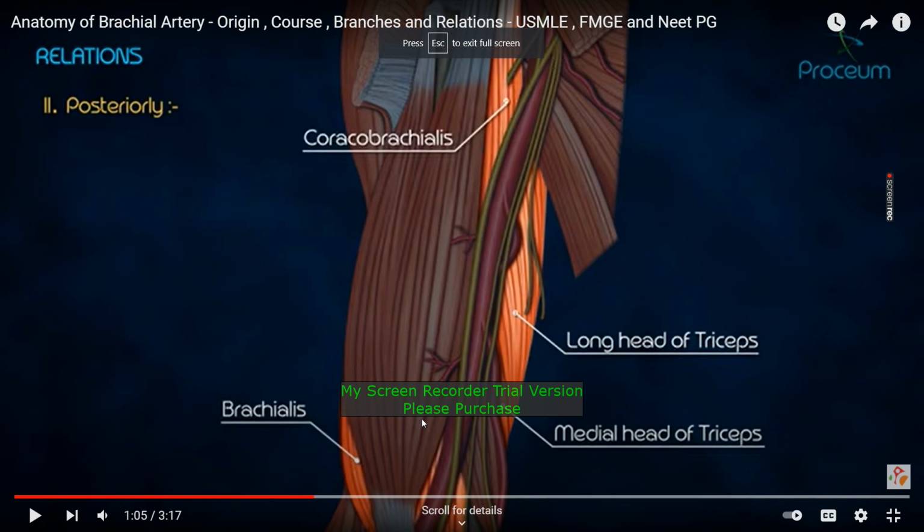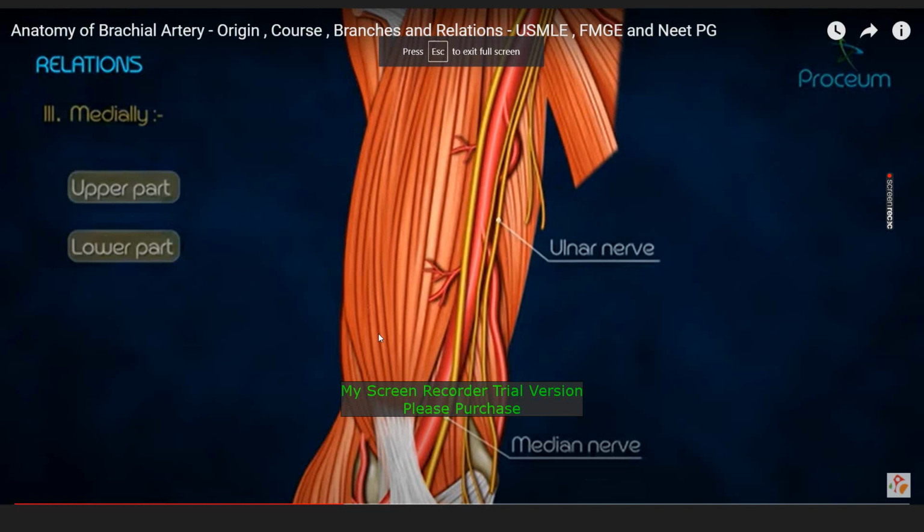Posteriorly, it has the coracobrachialis muscle, the long head of triceps, the medial head of triceps, and the brachialis muscle. And on the medial side, it has these relations.